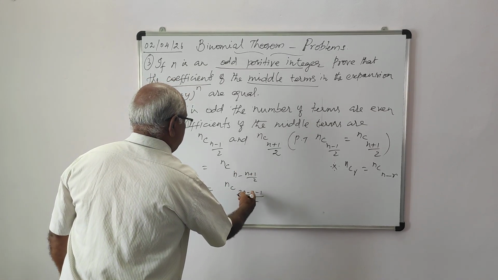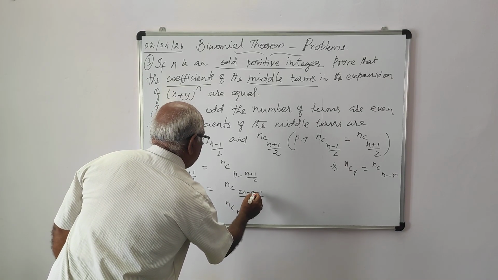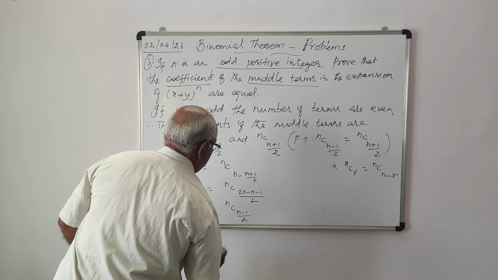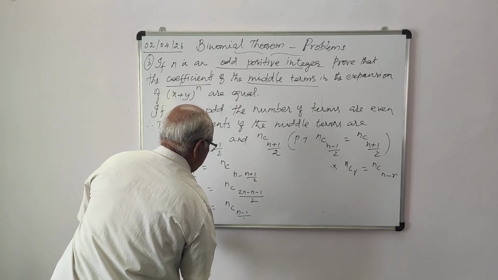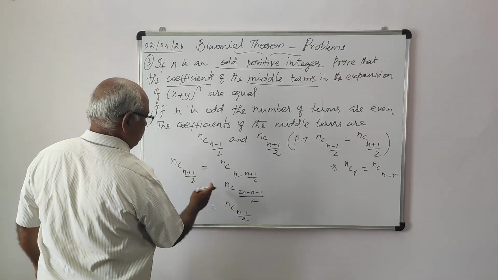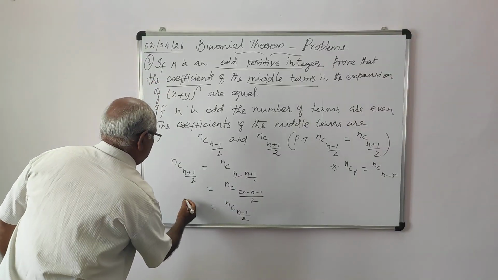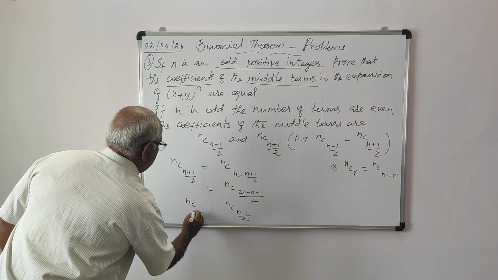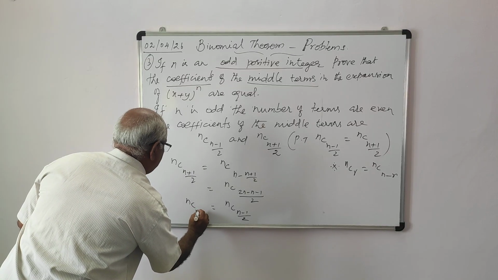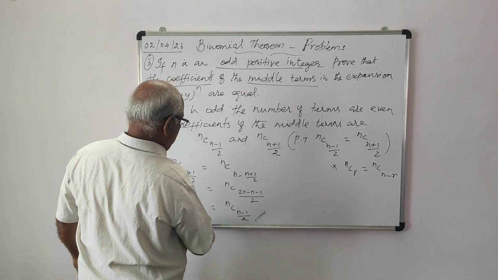Upper 2n minus n is n, so that is equal to nC(n minus 1)/2. So nC(n plus 1)/2 is equal to nC(n minus 1)/2. So the coefficients are equal.